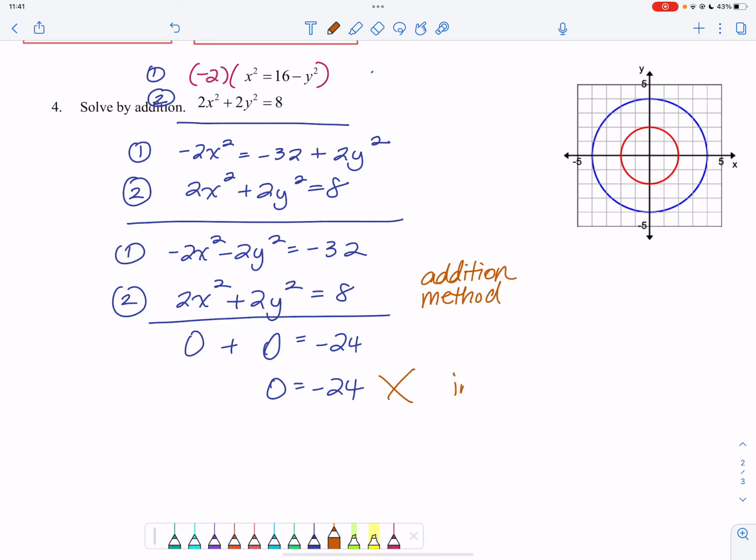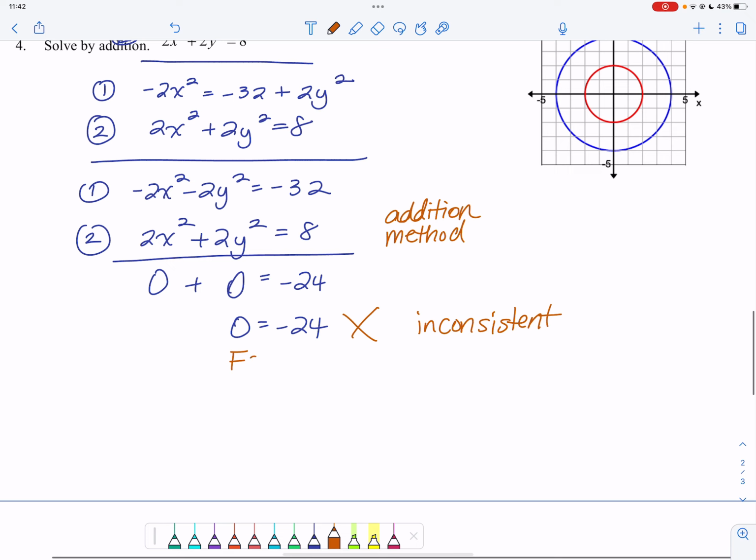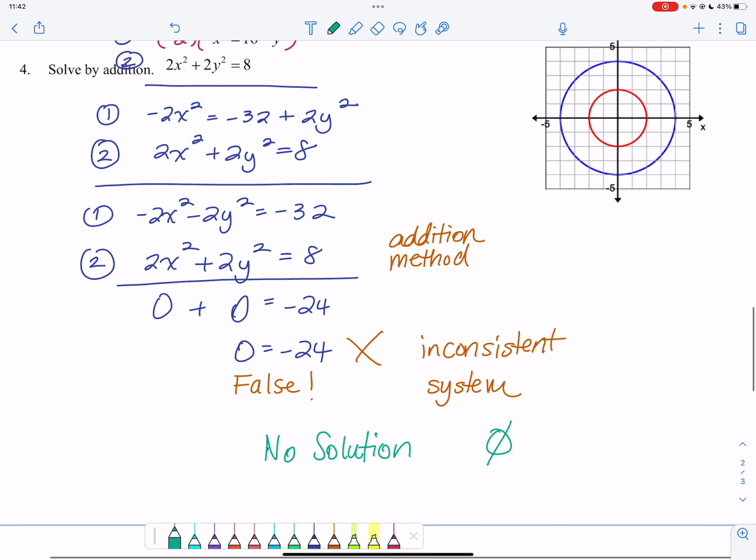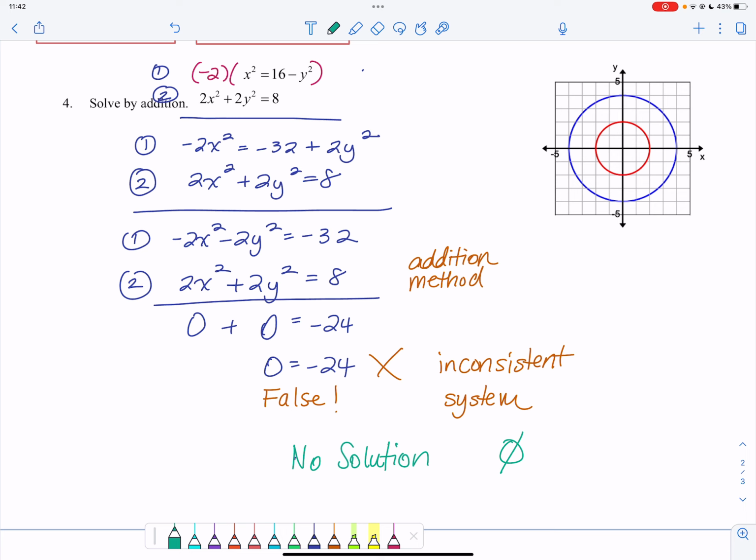So here we have an inconsistent system. This is a false statement. And whenever you have a false statement, we have an inconsistent system. There is no solution. Okay, so this system can't be solved in number 4.